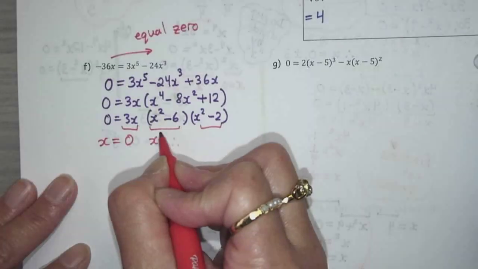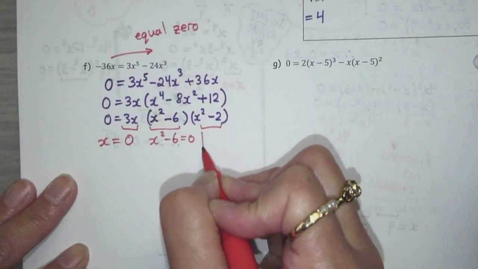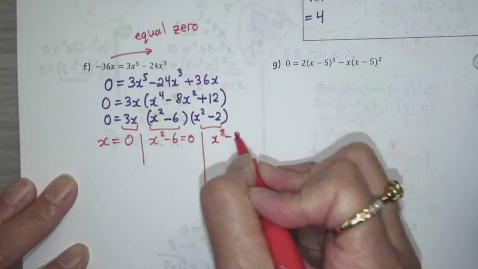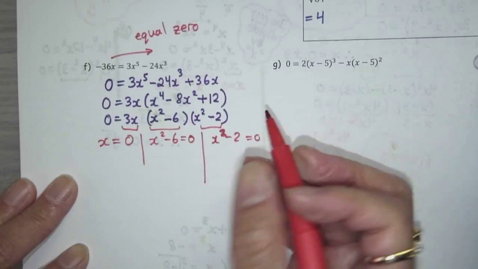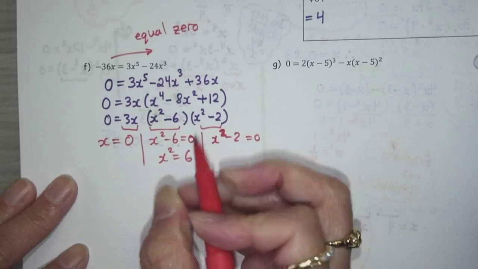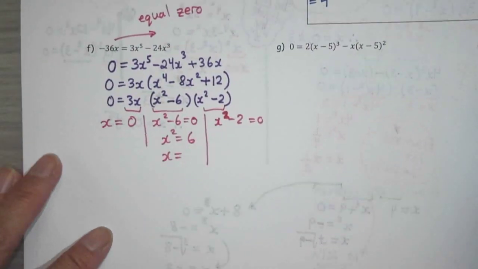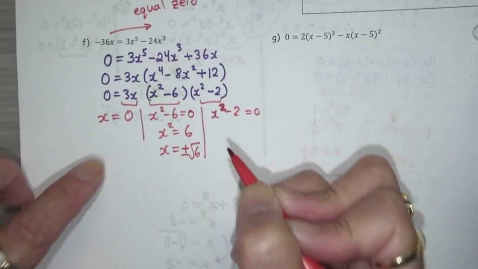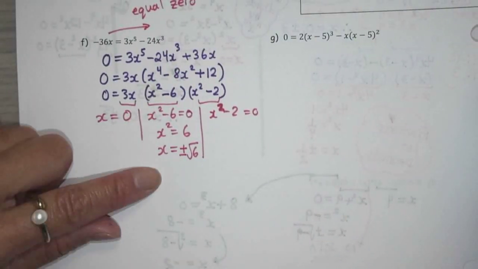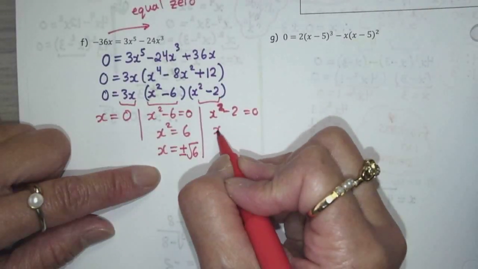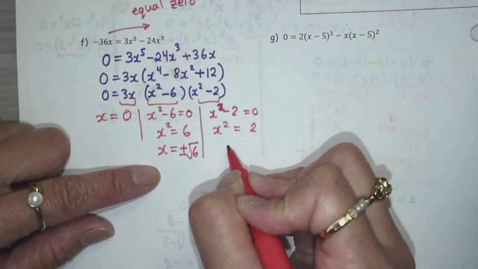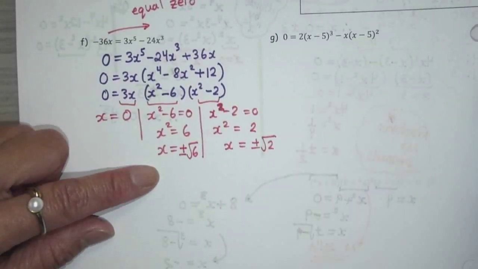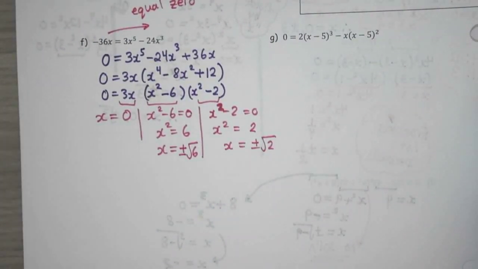Here, x squared minus 6 equals 0, and then x squared minus 2 equals 0. Okay, so x squared equals 6, so x equals plus and minus root 6. Does that make sense? We're going from a square to the root. Here, x squared equals 2, x equals plus and minus root 2. We good?